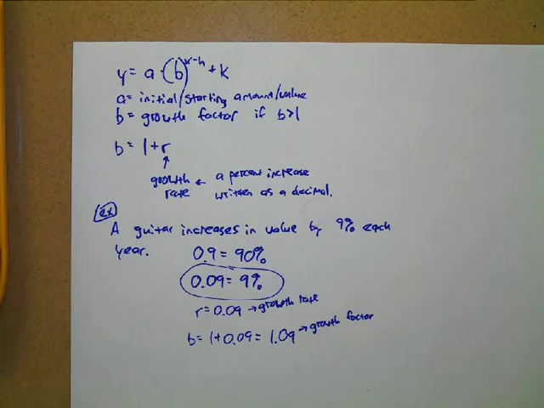Questions on any of that? All right. So, rest of the time I'll give you guys to work on this stuff. That took a while there, but anyway. Your assignment's going to be on page 470.